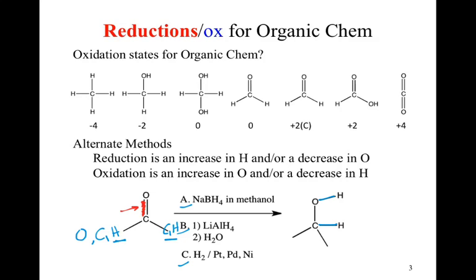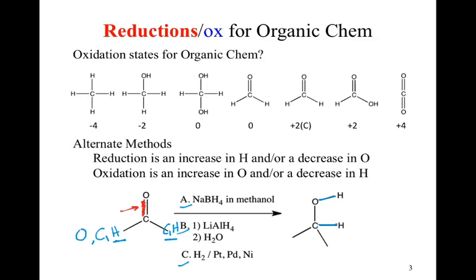It won't react in a reduction with carboxylic acids, and that's due to the acidity of your carboxylic acid. Okay, so be aware that the lithium aluminum hydride, being more reactive, reacts with one more carbonyl functional group.